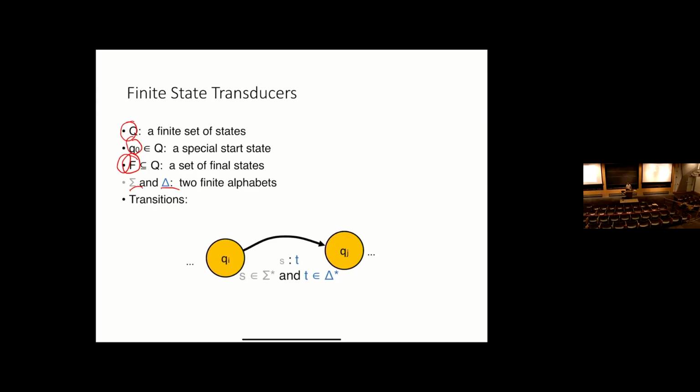And then the transitions look like this. We often write them as symbol colon symbol. So there's the input symbol drawn from sigma and the output symbol drawn from delta.